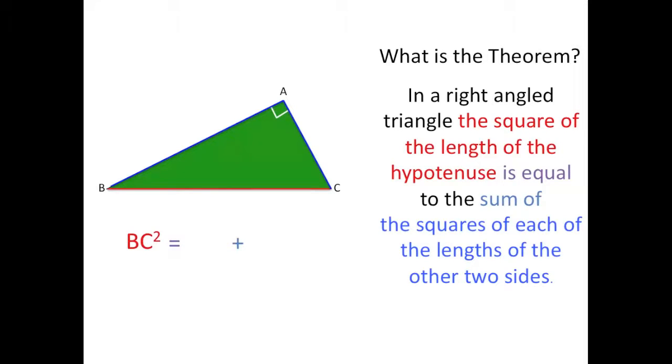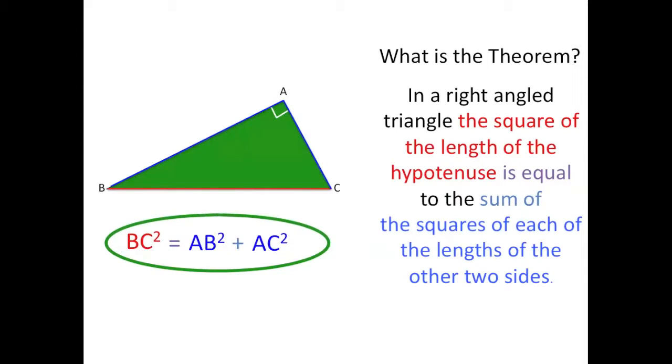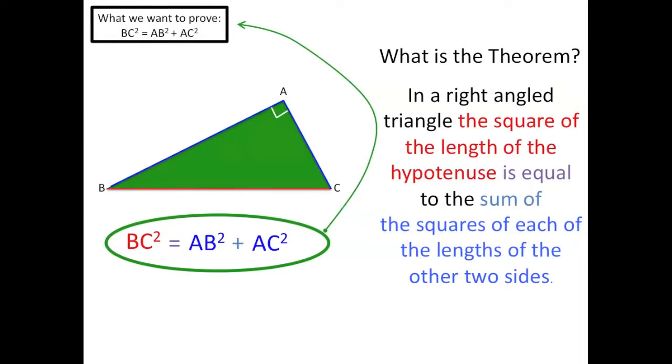So we're going to end up with AB squared and AC squared. And thus, the theorem basically means that BC squared is equal to AB squared plus AC squared. And this is what we want to prove today. So we'll write it up here for reference.